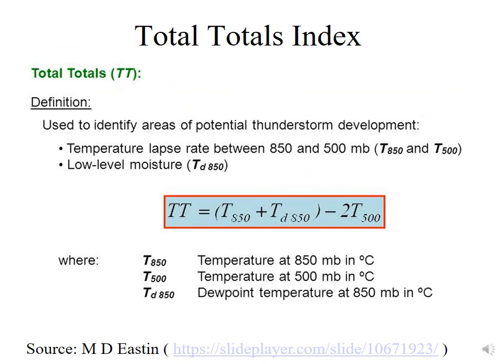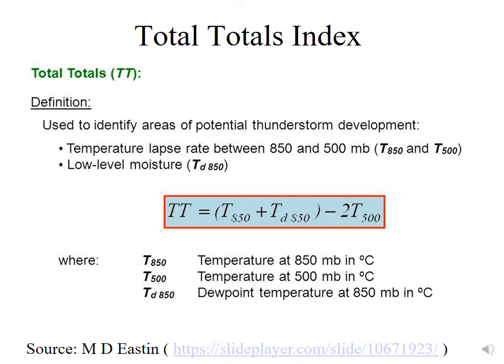And the total totals index is included in the SWEAT index, and we have to define what the total totals are. It's used to identify potential thunderstorm development, and it focuses in on the atmospheric lapse rate between 85 and 50 kilopascals, and also includes information about the low-level moisture at the 85 kilopascal layer.